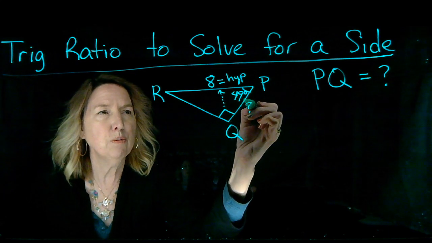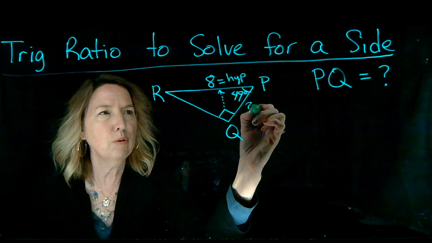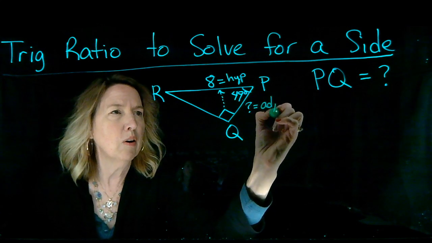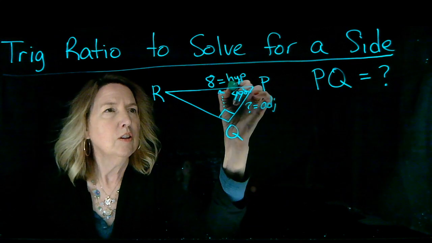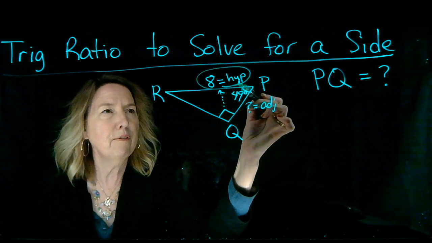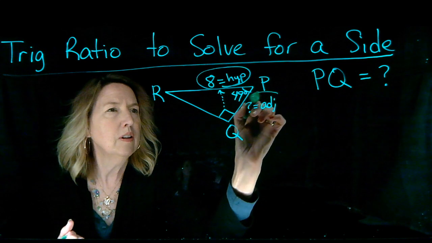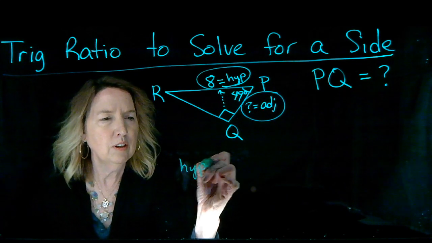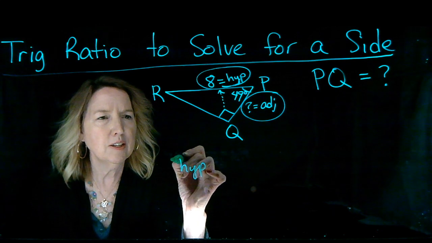It's next to that 49-degree angle. So this is the adjacent side. I'm going to mark that down. So now I can focus on the fact that I have the hypotenuse and I need the adjacent. Hypotenuse and adjacent.